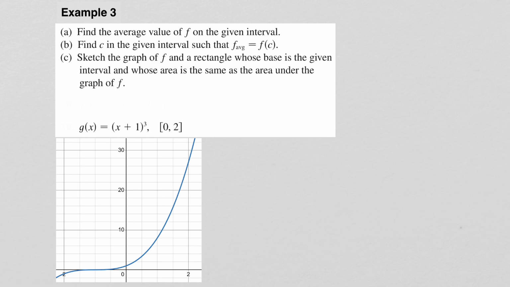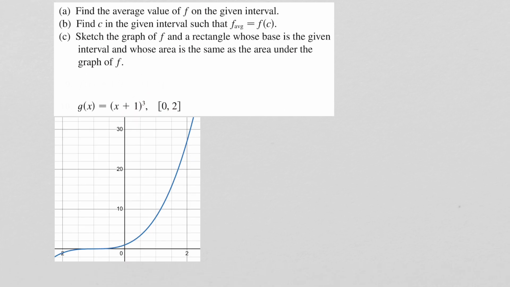Okay, and the function here, it's actually not called f, it's called g of x, is (x plus 1) to the third power on the interval from 0 to 2. So let's go ahead and first find the average value of the function.